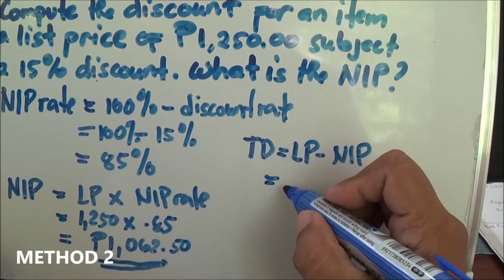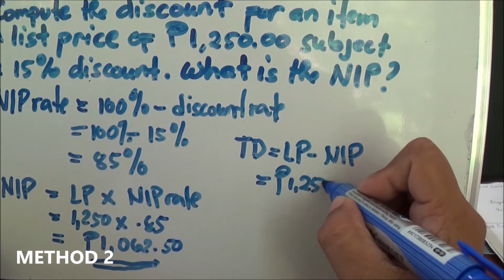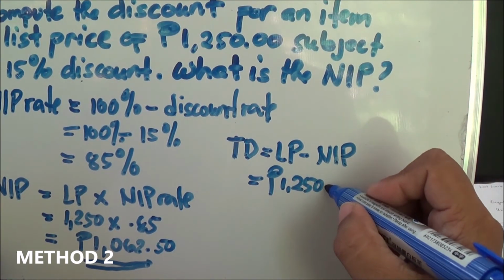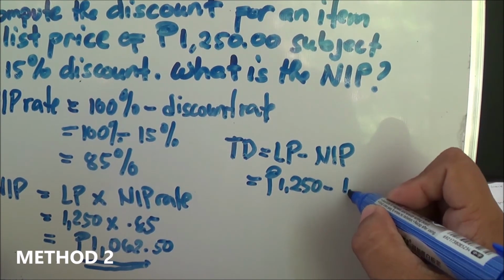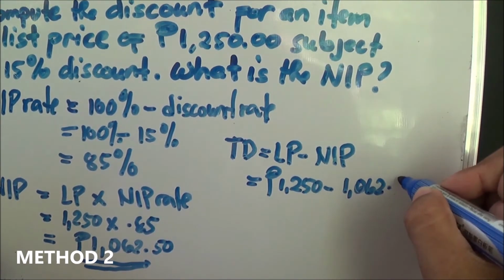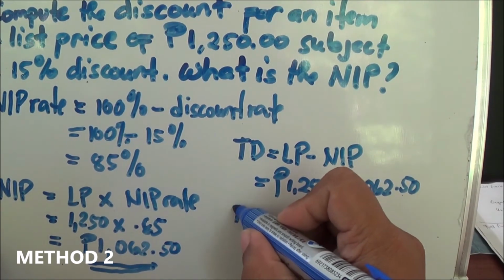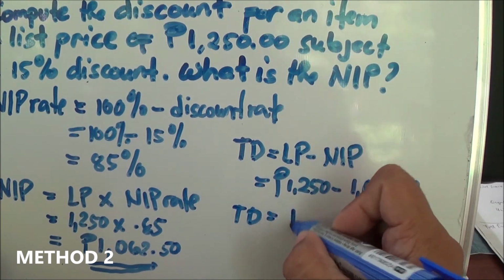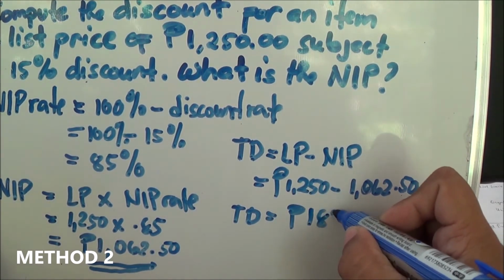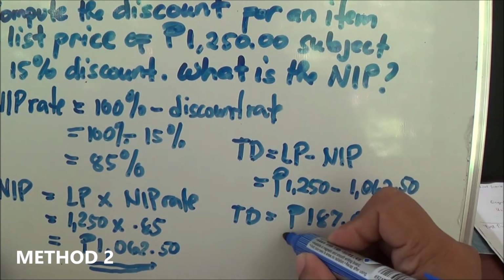Our list price is 1,250 and then the net invoice price is 1,062 pesos and 50 centavos. So the trade discount is 187 pesos and 50 centavos.